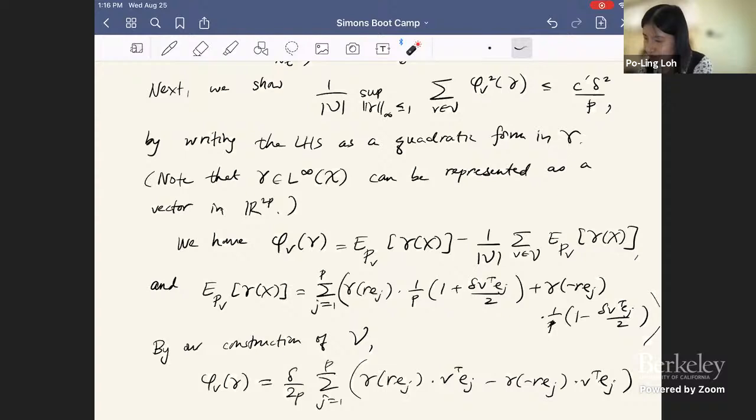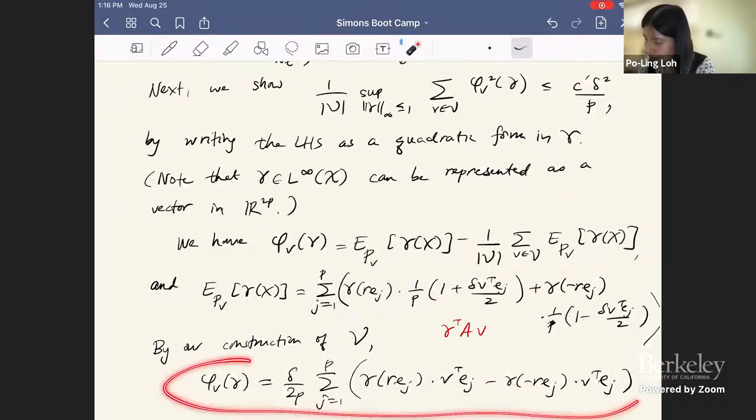It is a sum of gamma on each of the coordinates multiplied by something else. But it would be really nice if we could get rid of these extra terms, because what we really want is to write this as gamma transpose times something times v. That would be really nice. And actually, the convenient thing is that the terms that are in our way get eliminated when I subtract out the mean over all of the v's.